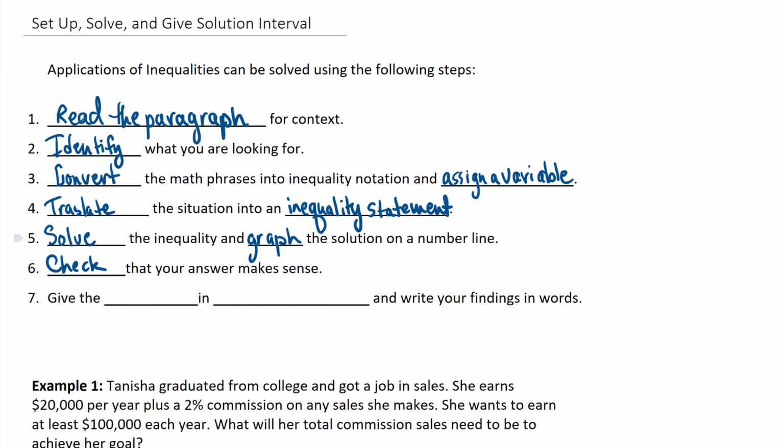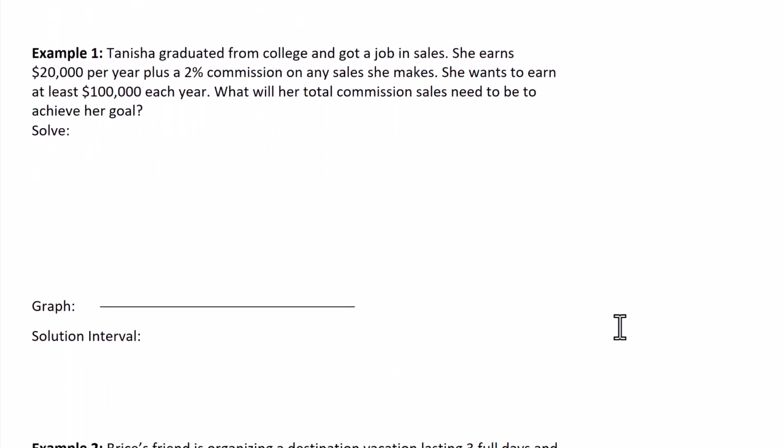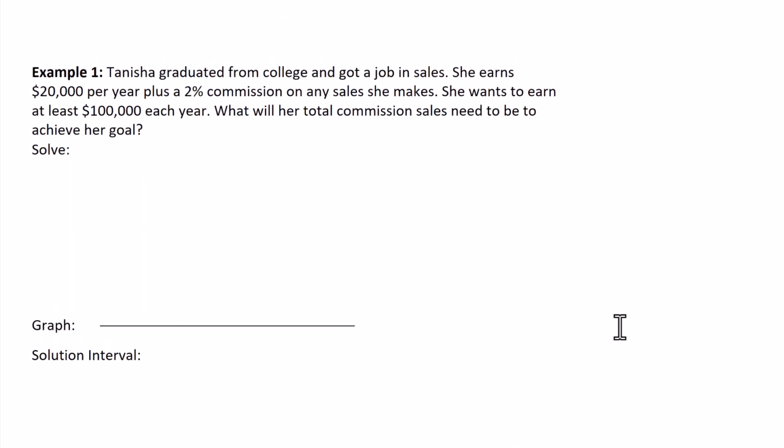And 7, give the solution in interval notation and write your findings in words. Sometimes the last part here is not necessary based on the context, but usually it's a good idea to state your findings. Let's take a look at example 1.